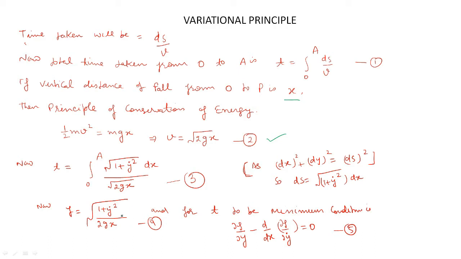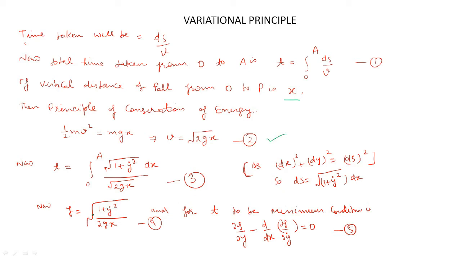Now you may note that yesterday we wrote our function of the form f(y, y dot, x). Here you can see that for the curve type problem our function will have y dot and x.